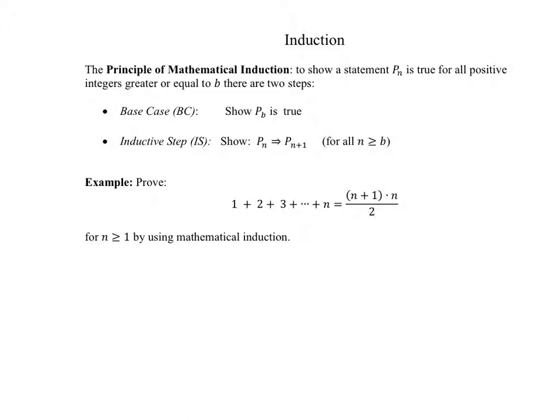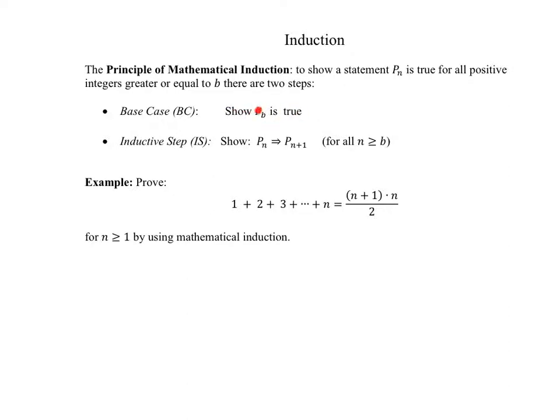Okay, so in this example, we're going to try to prove that consecutive integers, when added together up to the number n, give you n plus 1 multiplied by n divided by 2. And we're going to do this with mathematical induction, which means we have to do a base case and an inductive step. So in the base case, we just have to show that the smallest case scenario is true.